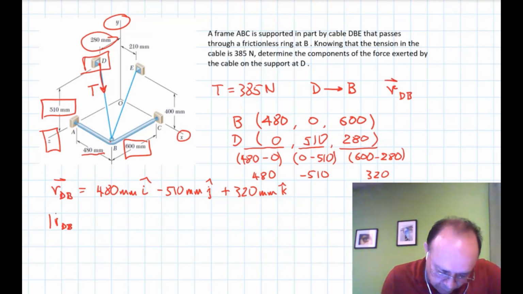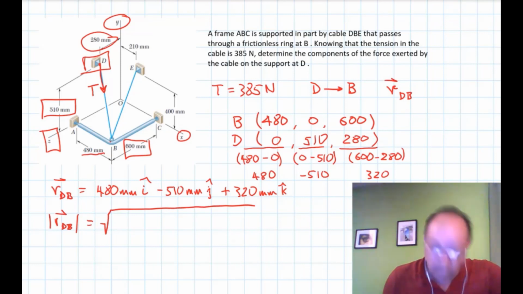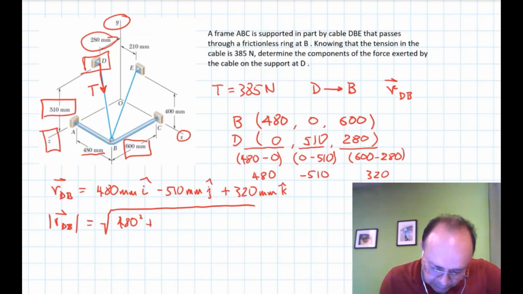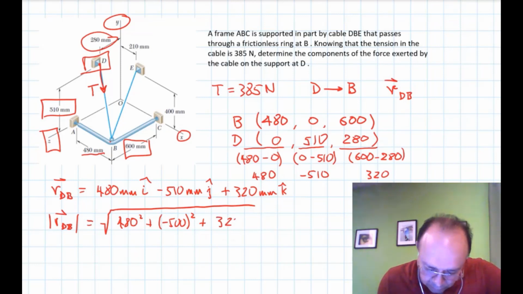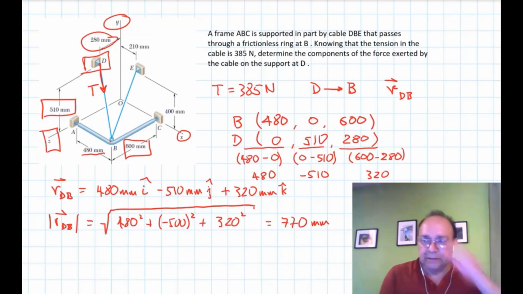The magnitude will be the square root of 480 squared plus minus 510 squared plus 320 squared. That comes to be 770 millimeters.